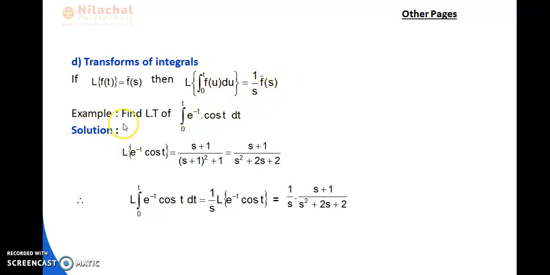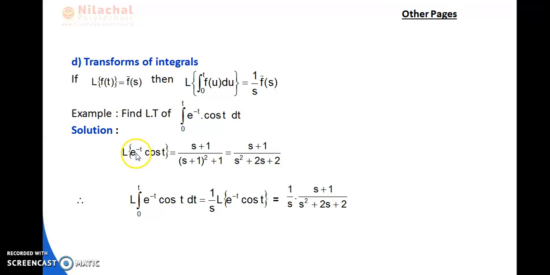So let us start one example: find the Laplace transform of the integral from 0 to t of e to the power minus t cos t dt. Laplace of e to the power minus t cos t is a shifting property in which your function is cos t. The cos t formula is s by s square plus 1, and e to the power minus t is here, so by the shifting property s will be written as s plus 1.